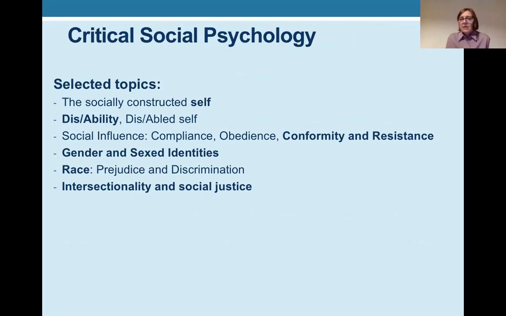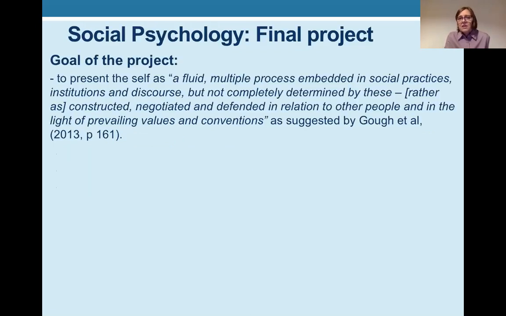We explore disability, conformity and resistance, gender, sexuality, race, and at the end we look at all these identities from the perspective of intersectionality and how it helps us to understand the issues of social justice. So in this project, the goal is again to understand self as socially constructed.